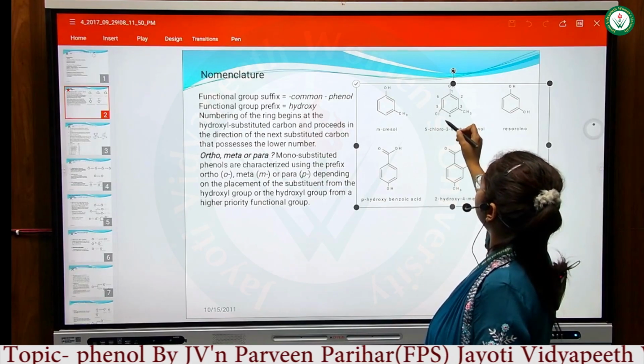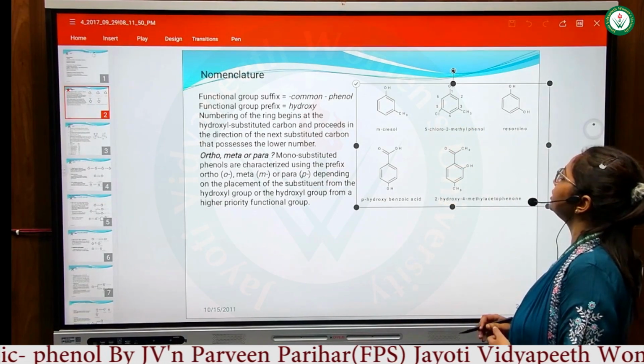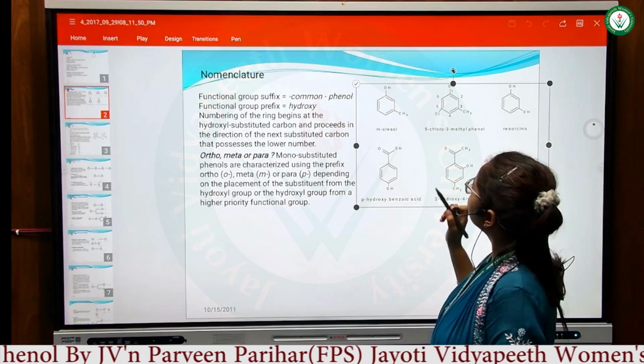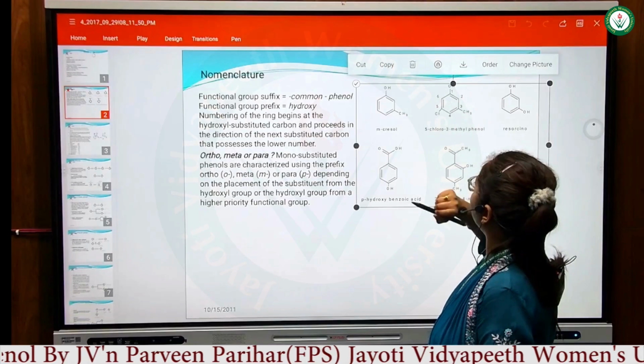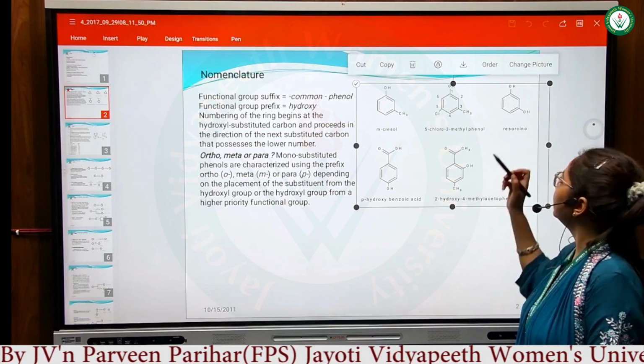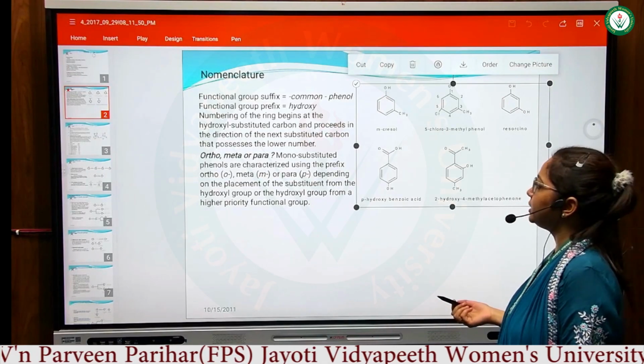Another example is 5-chloro-3-methylphenol, in which the methyl group and the chlorine group are both present on the meta position of the phenol. And in resorcinol, both OH groups are present on the meta position of each other.